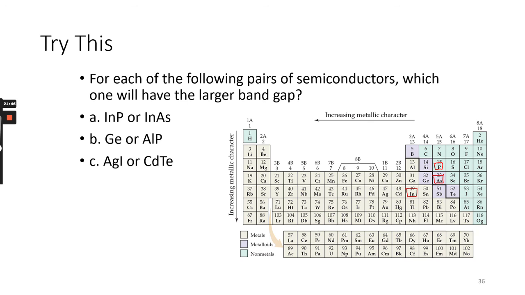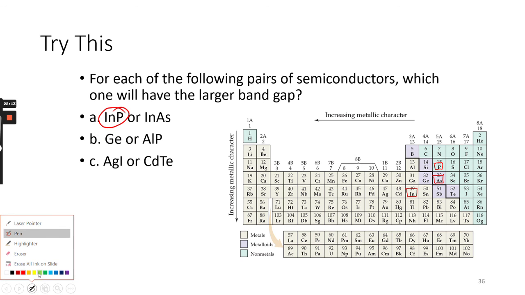The greater the distance between the groups, but the distance between the groups is the same here. Okay, the greater the difference in electronegativity. Well, since P is higher, it has a higher electronegativity value than As. So InP will have a greater difference in electronegativity, so it will have a higher band gap.